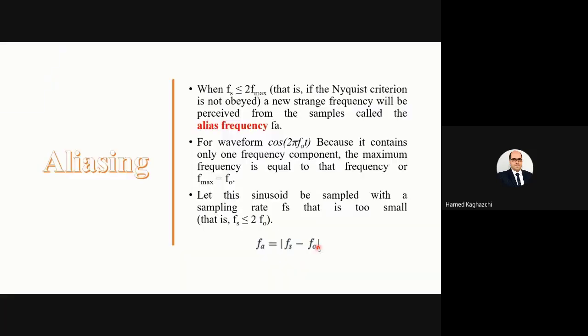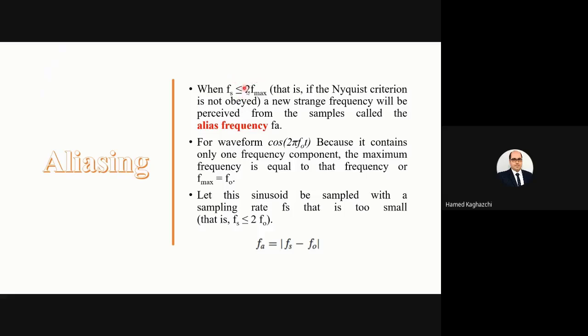But what happens if I take my sampling rate less than 2Fmax? It means that the Nyquist criterion is not obeyed.